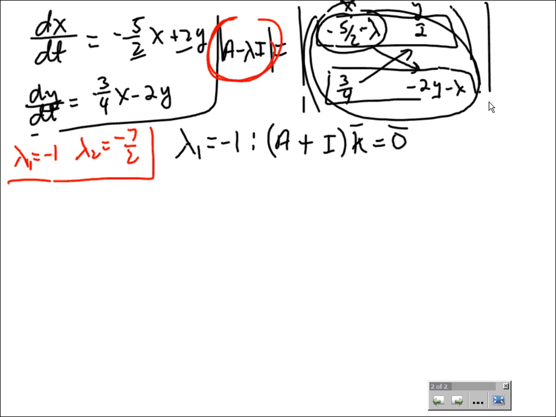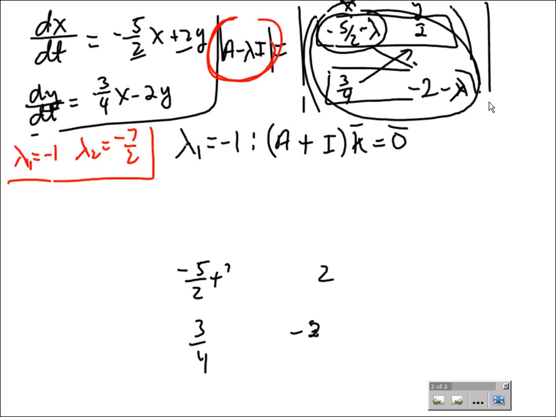That means we're adding 1. Taking away -1 is adding 1 I. So we have -5 halves, 2, 3/4, and -2 plus 1, or -2, that's -1.